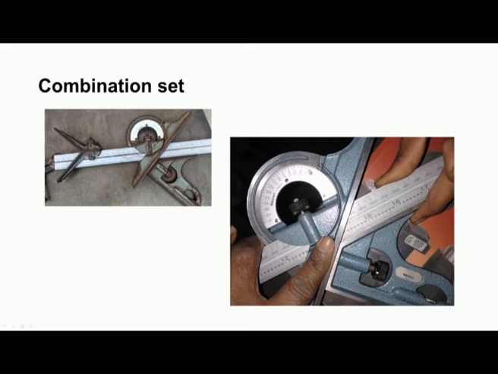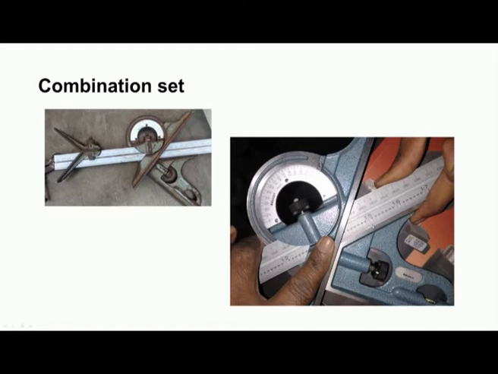Then what is the reading of the protractor? This 0 is a reference; the angle indicated by the protractor shows the inclination. In this particular case, it is showing 45 degree. That means the angle between this particular surface and this particular surface is 45 degrees.